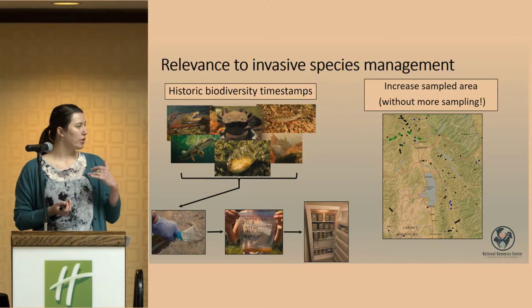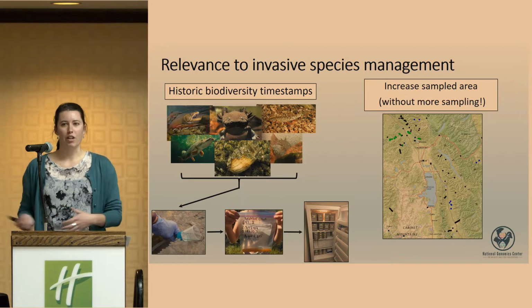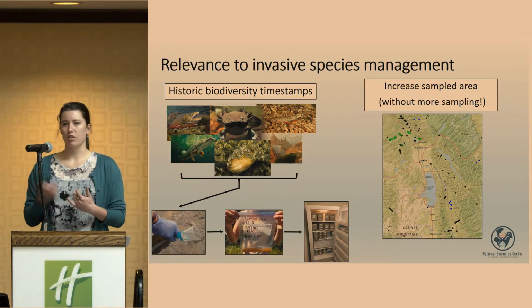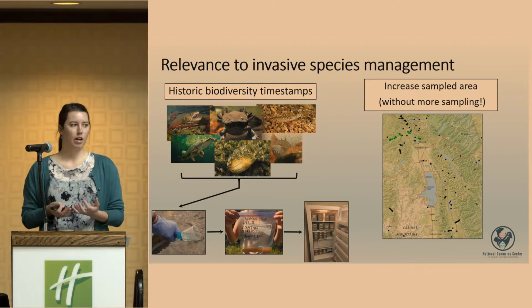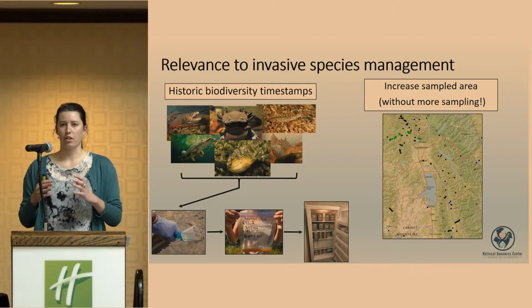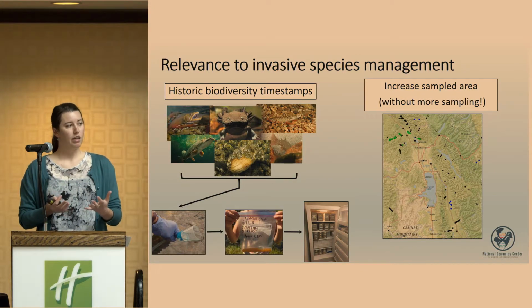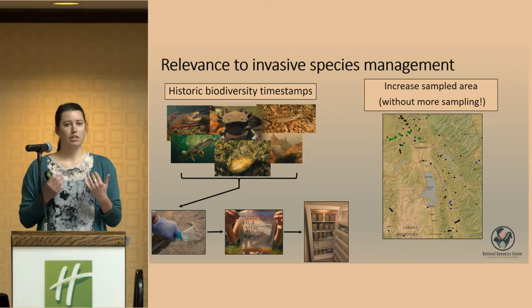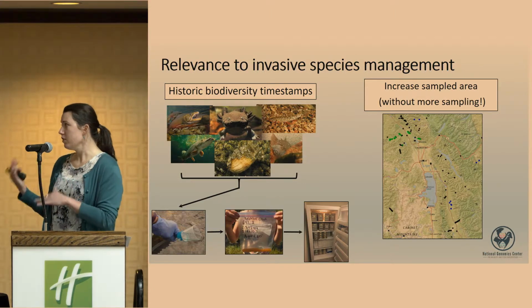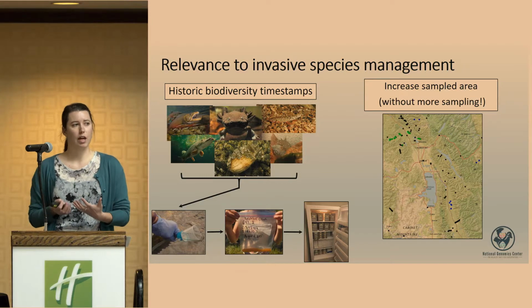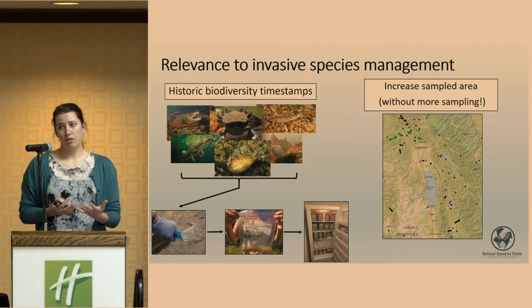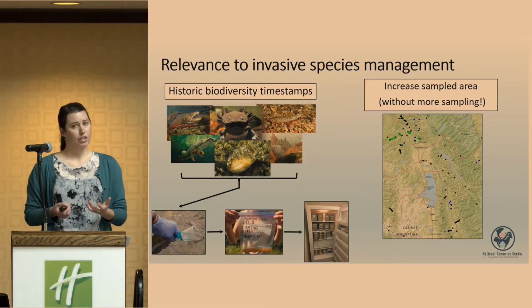So, for example, if you're interested in monitoring all the way around Flathead Lake, which is just north of here, but you only have the time or the funds to collect in a small portion of that area, you could go onto the atlas, zoom in on Flathead Lake, and see that there's a huge number of samples collected all around the lake.